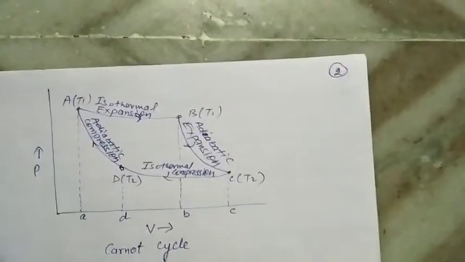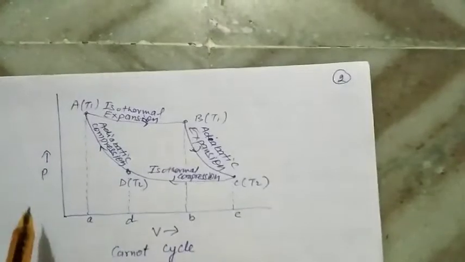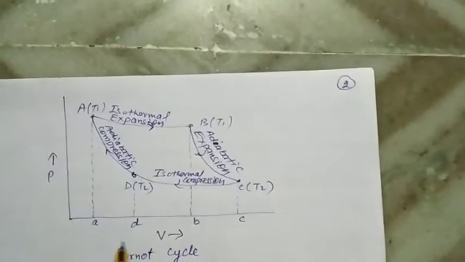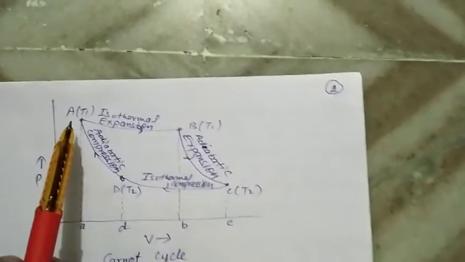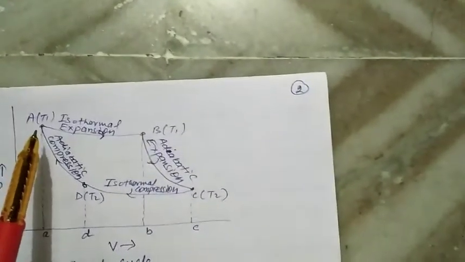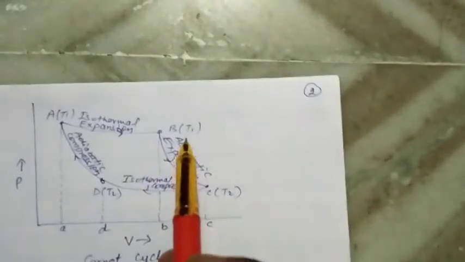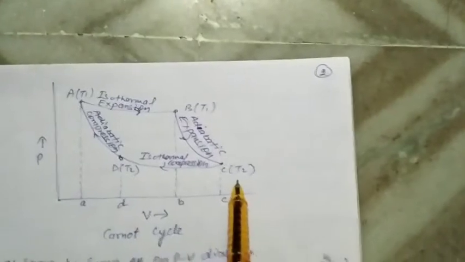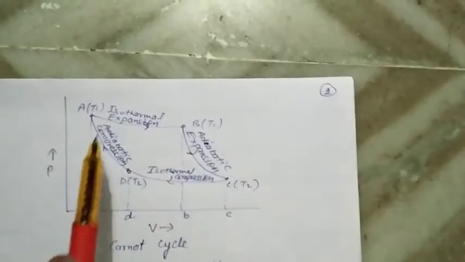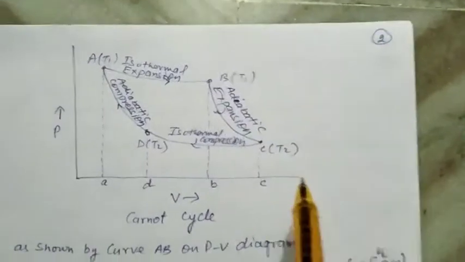Come here on the Carnot cycle. Pressure is taken on the y-axis, volume V is taken on the x-axis. This is the first point A at temperature T1, point B at temperature T1 again, point C at temperature T2, point D at temperature T2, and this completes the 4 steps and is known as the Carnot cycle.